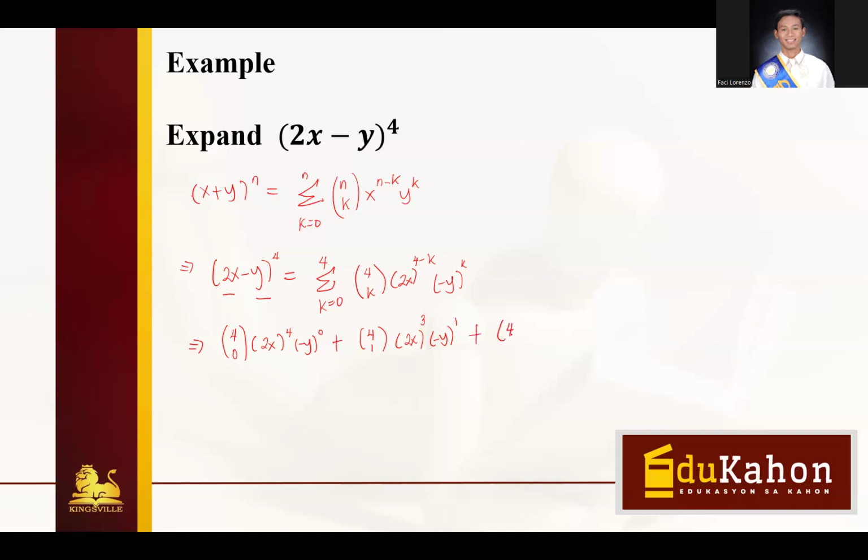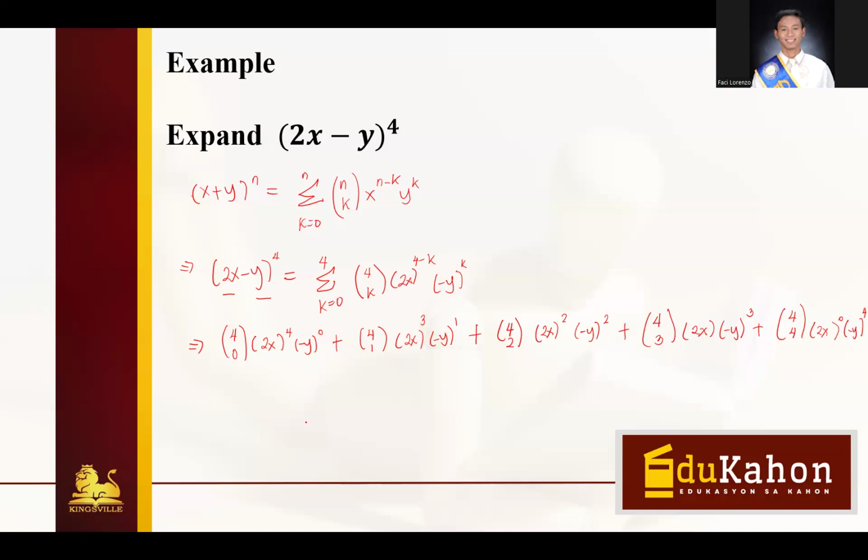Plus 4 taken 2 multiplied by 2x squared times negative y squared, plus 4 taken 3 multiplied by 2x raised to 1 times negative y raised to 3. And we have 4 taken 4 multiplied by 2x raised to 0. Then we have negative y raised to 4.